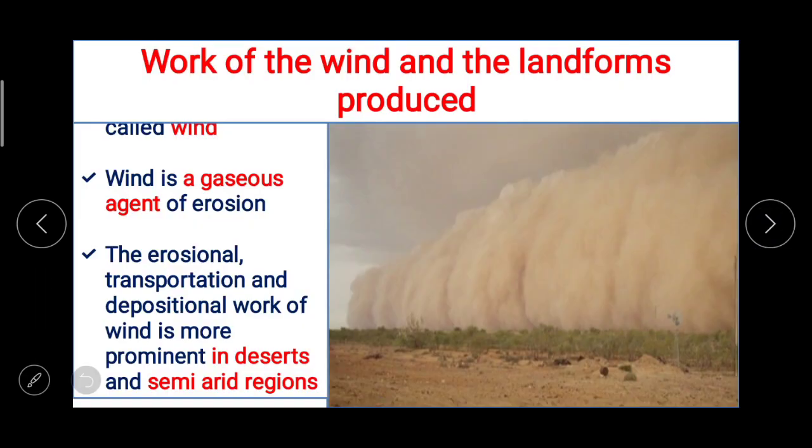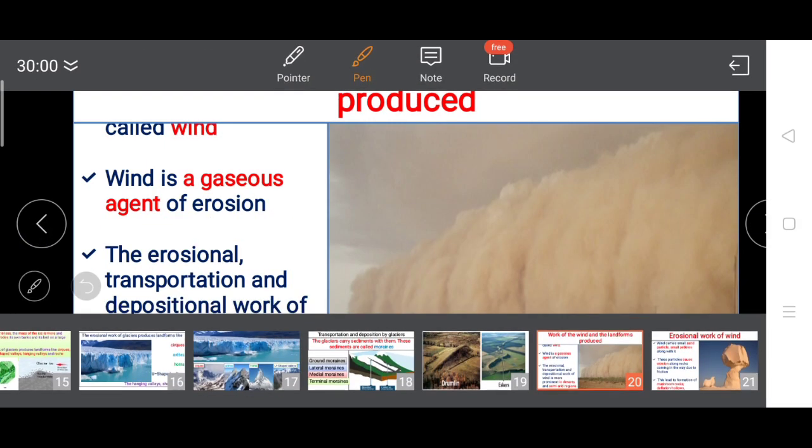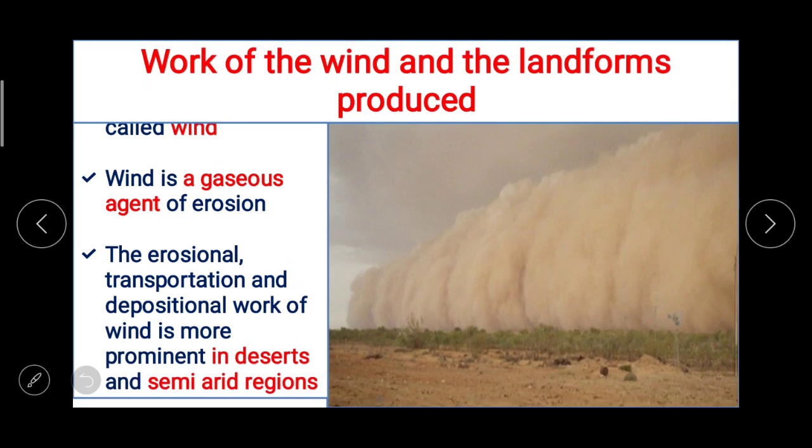And now the next one, work of the wind and the landforms produced. You have learnt earlier that the movement of air is called wind. Wind is a gaseous agent of erosion, and the erosional, transportational and depositional work of wind is more prominent in deserts and semi-arid regions.